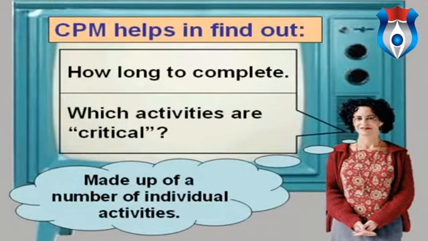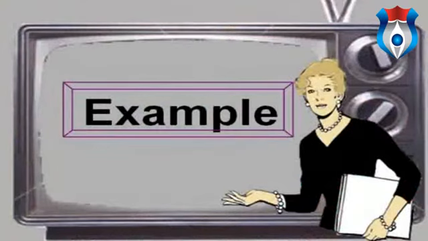It also tells us which activities are critical. The word critical means that they have to be done on time, or else the project will take a longer time. Now, I will show you an example of how to apply the critical path method in practice.